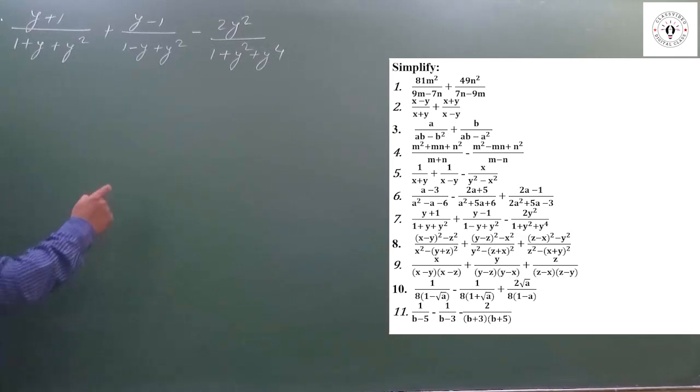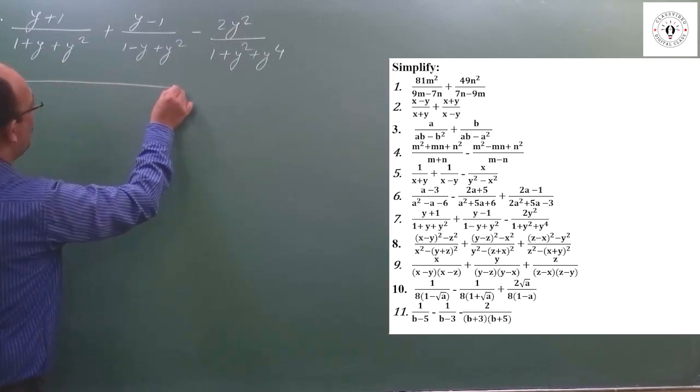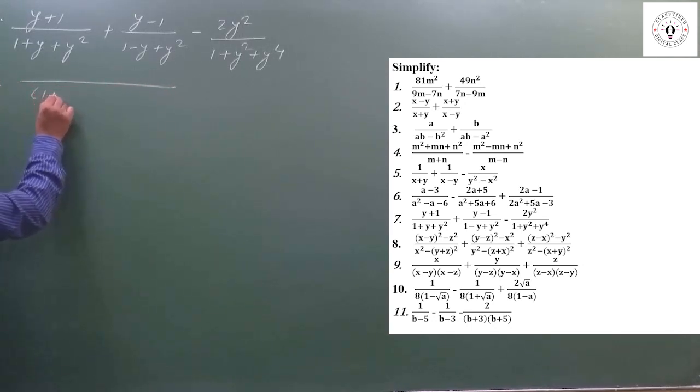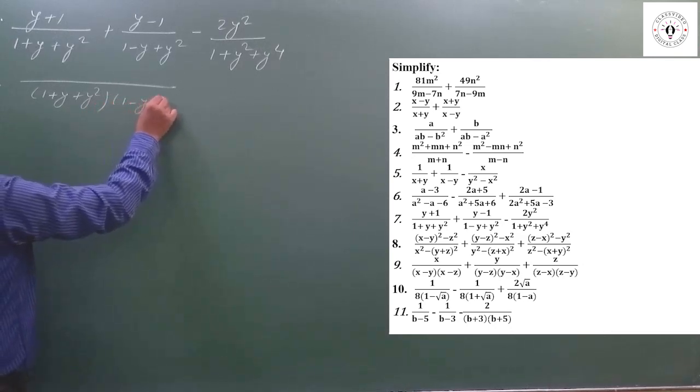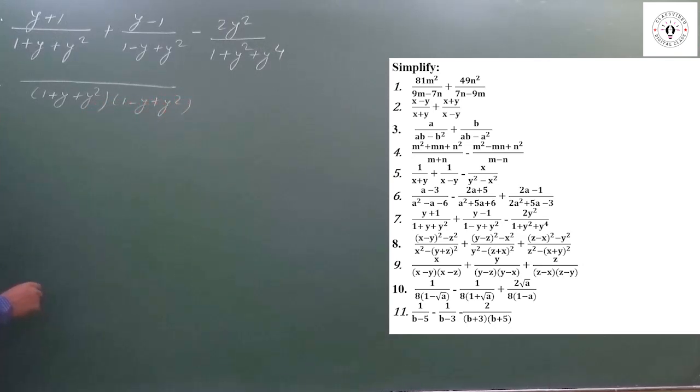Similarly, this denominator also cannot be further factorized. So, the first two denominators cannot be further factorized. So, we are taking the LCM of the first two denominators, that is (1 + y²)(1 − y + y²). Now, which factor is not here from the LCM? 1 − y + y².